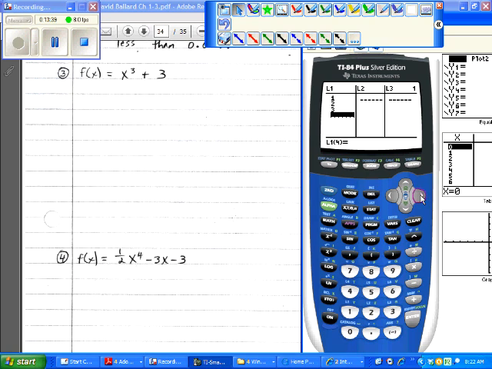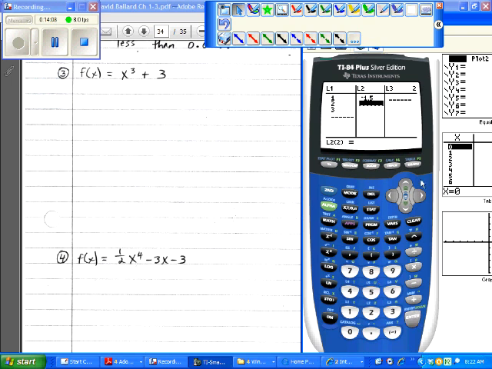And then in L2, I want to put my first number, which was negative 1.5. That was my first x sub n, okay? So my L1 is representing the round, my L2 is representing x sub n, okay? And I'm going to hit enter.